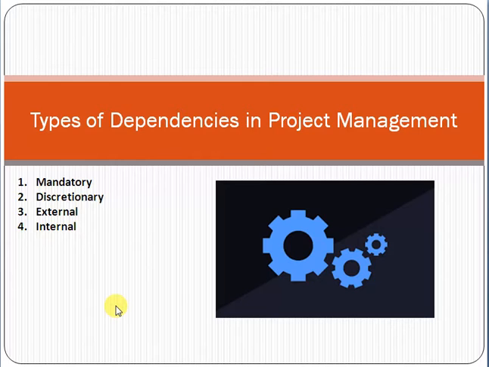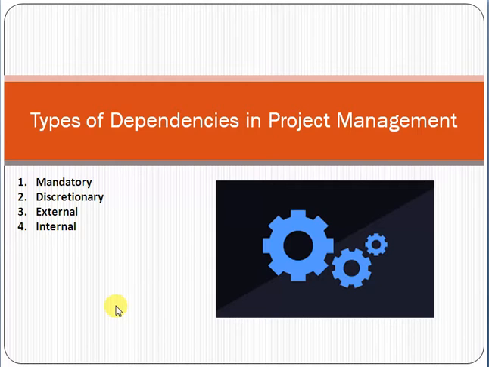Because we have to decompose the project into small pieces of activities so that we can estimate the work in terms of time and cost. Once we have identified the activities, then we have to identify the relationship among the activities.